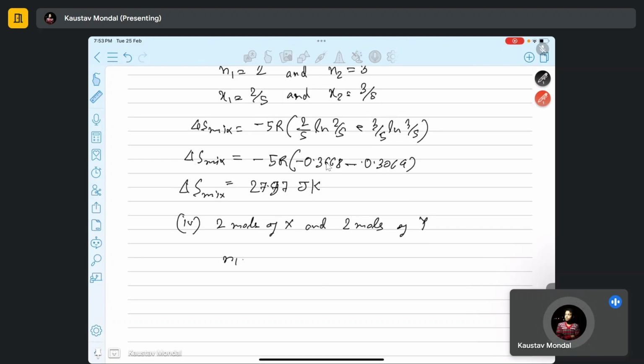So here N1 is 2 and N2 is also 2, which gives us x1 equal to 1 by 2, and x2 is also 1 by 2.